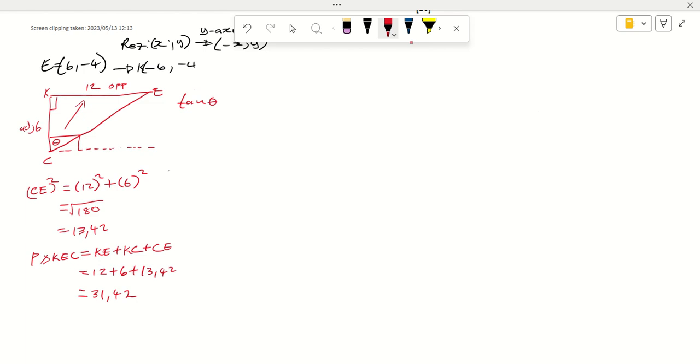Tan theta is equal to opposite over adjacent, which is equal to, the opposite now is going to be 12 and the adjacent is going to be 6, and then theta is equal to inverse tan of, if you simplify it, this is 2 here, and then if you press your calculator, you'll get that theta is equal to 63,43, and that will be KCE.